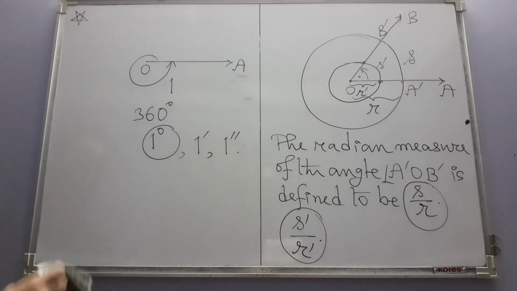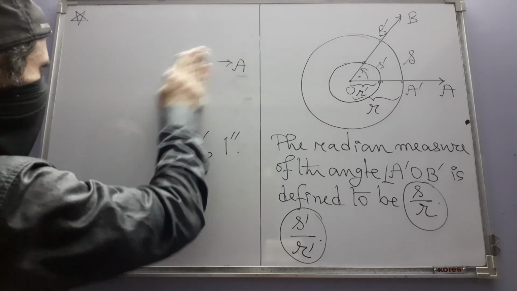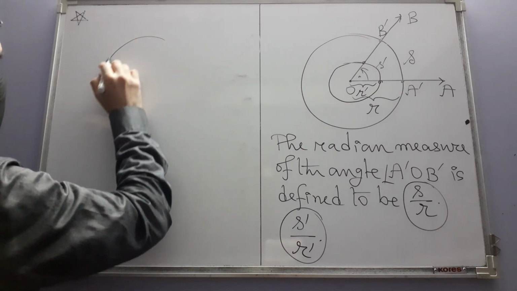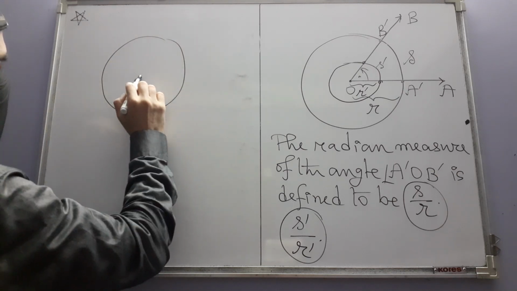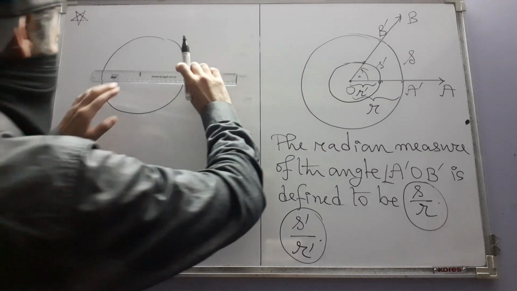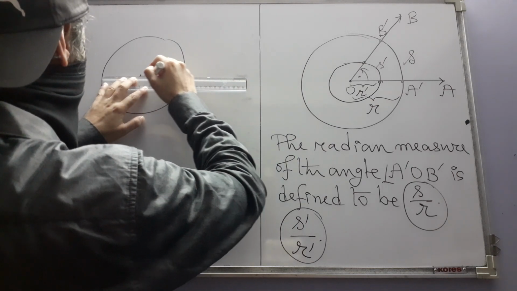Instead of taking a circle of arbitrary radius, let's take a unit circle. So this is a unit circle. And say you again have an angle like this.